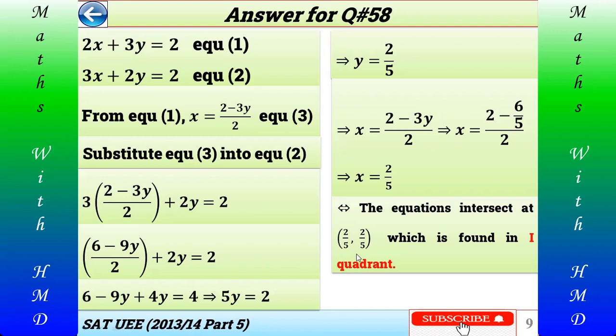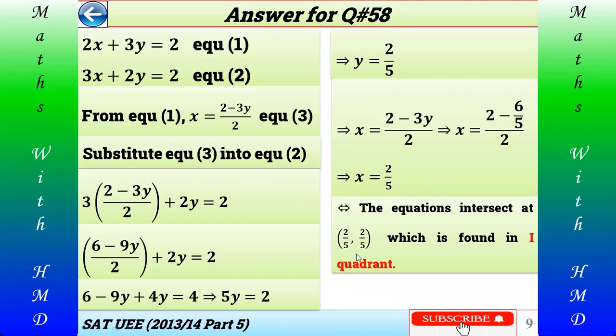Bear in mind here, if the components of a point are both positive. Actually, if you are in the two-dimensional coordinate plane, then you just look at the sign of each component. We do have two components, x and y. If the sign of the two components x and y is positive, then the point is found in the first quadrant. If the x component is negative but the y component is positive, the point is found in the second quadrant.